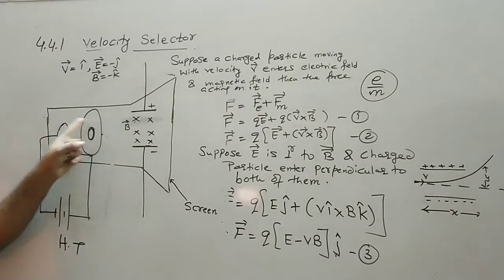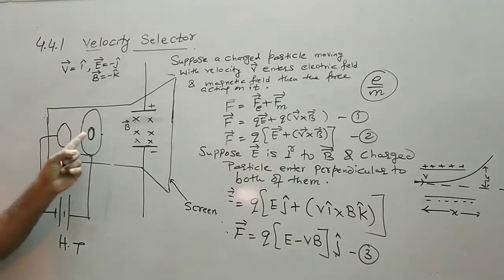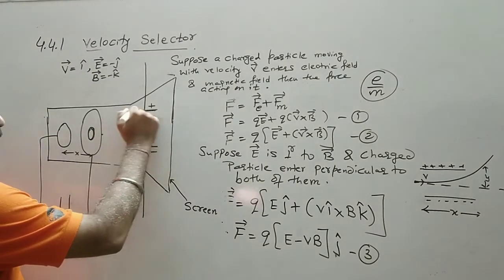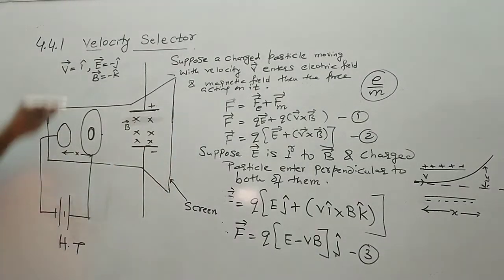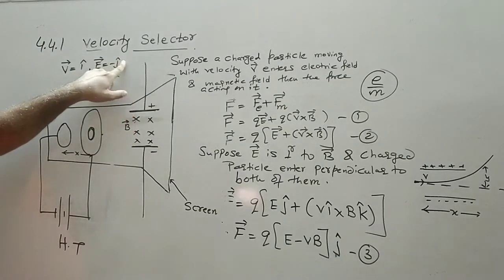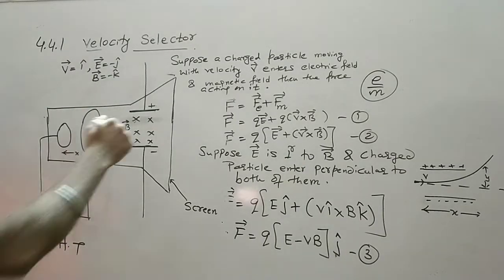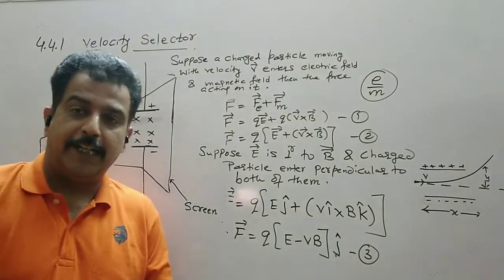So we have two conducting discs maintained at a low potential and a high potential. These are the two plates, one positive, one negative. That is, the electric field is along the negative y-axis. The magnetic field is crossed; here we have taken it going into the plane of the paper.